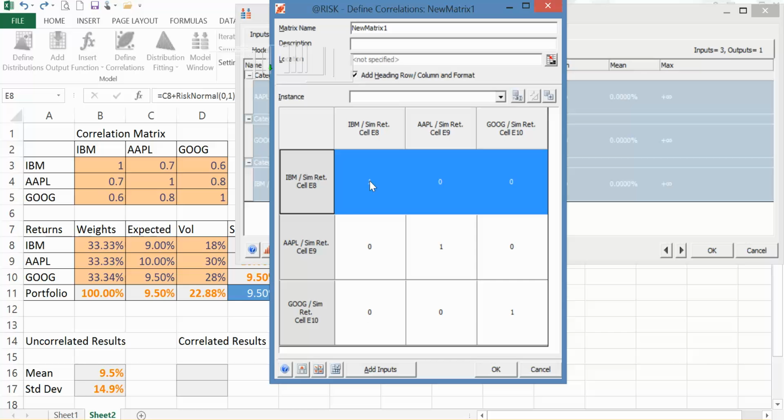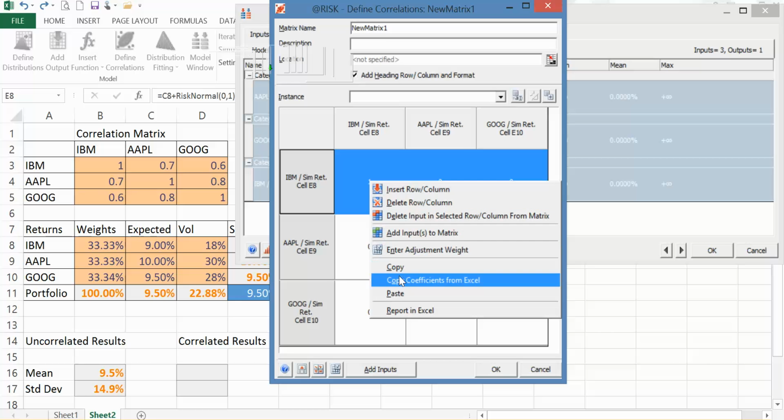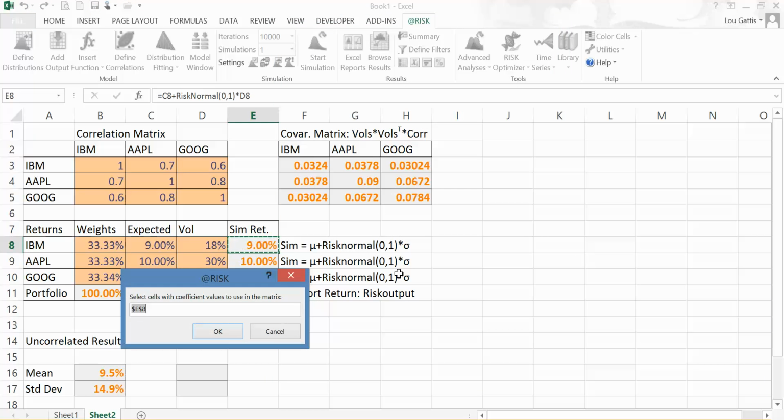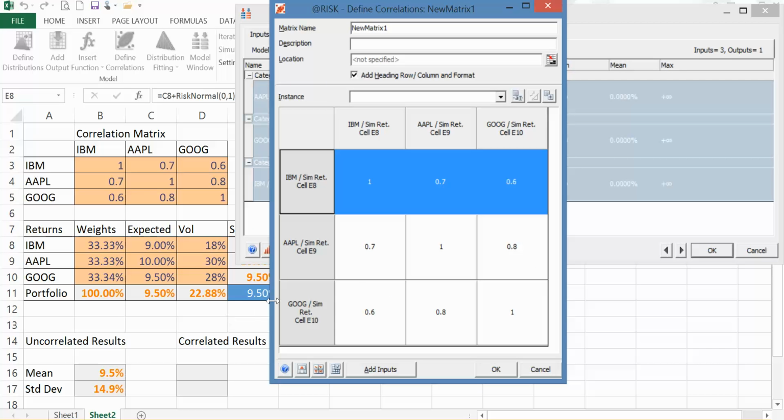I'm going to right click again, copy coefficients, click on the actual correlation matrix, not the covariance matrix, and hit OK. Now these two are the same, this one and this one.